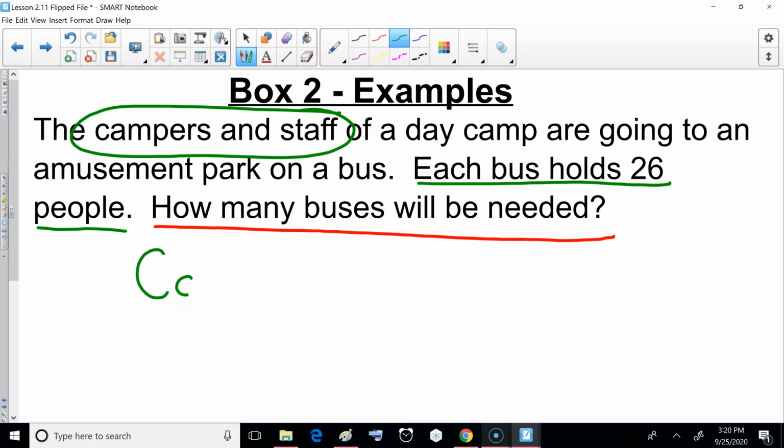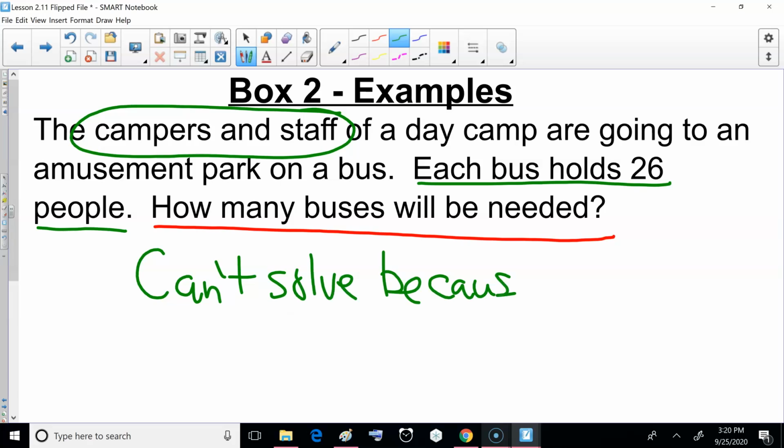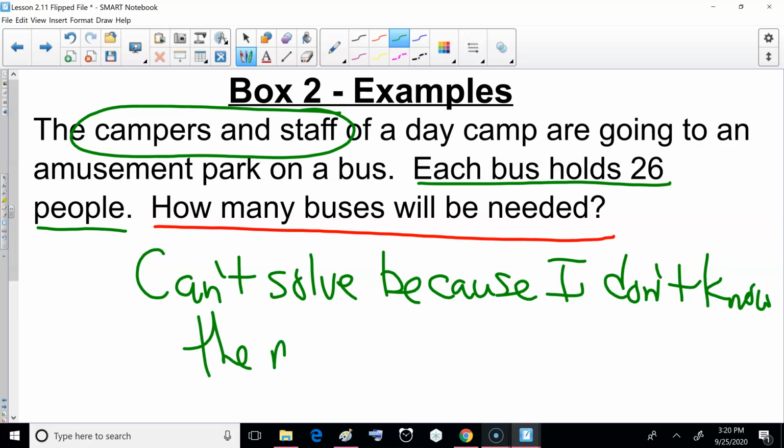So I would write can't solve because I don't know the number of students, of campers and staff.